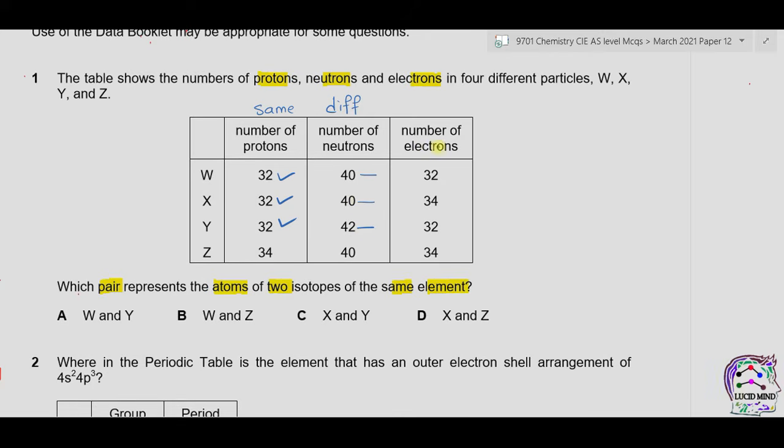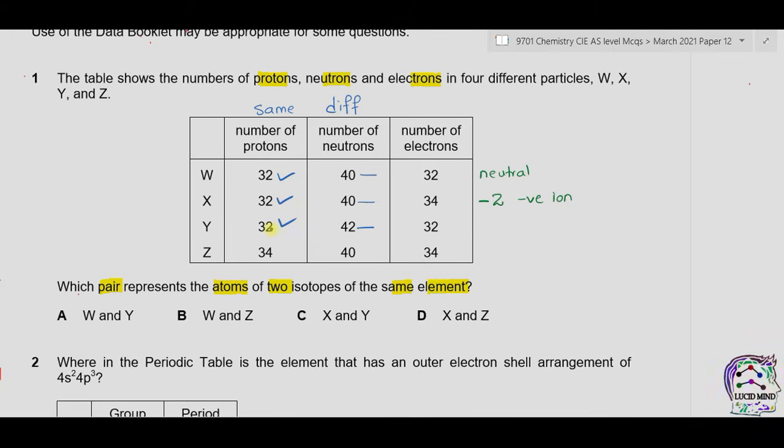Third thing is the number of electrons. Now number of electrons indicate whether the atom is neutral, positive or negative. In W, the number of protons is equal to the number of electrons, so therefore this is neutral atom. In X, the number of protons is 32 while the number of electrons is 34. It means the charge is -2, so it is negative ion.